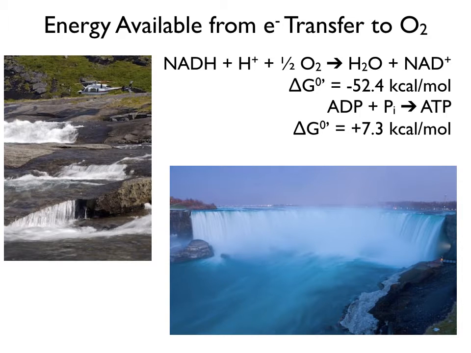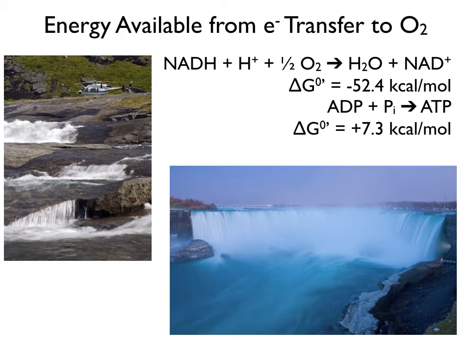That's minus 7.3 kilocalories per mole. So the standard free energy generated by oxidation of NADH, minus 52.4 kilocalories per mole, you can see that that can drive formation of a number of ATP molecules if we were to couple those reactions in some way. And that's precisely what aerobic respiration does.